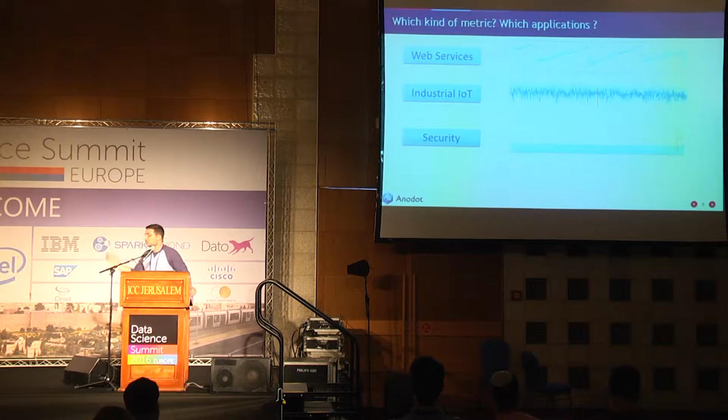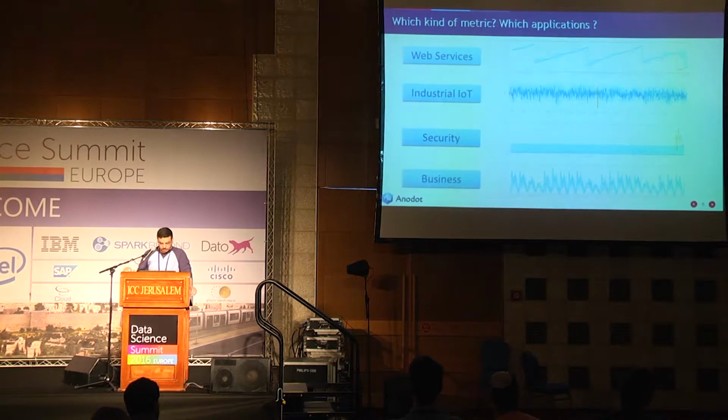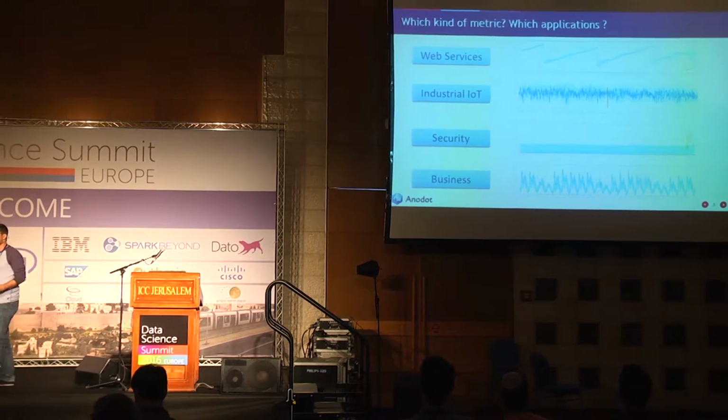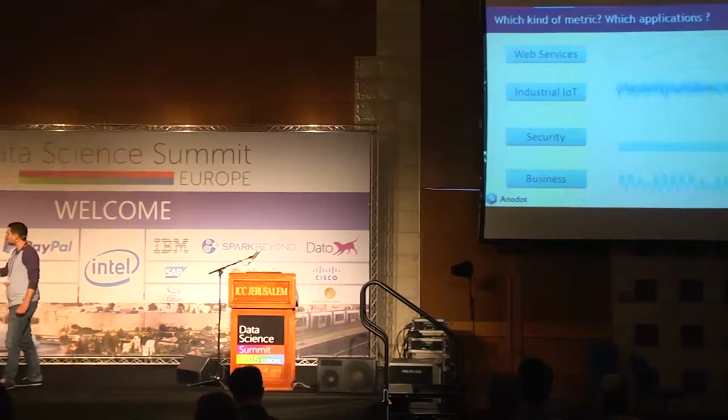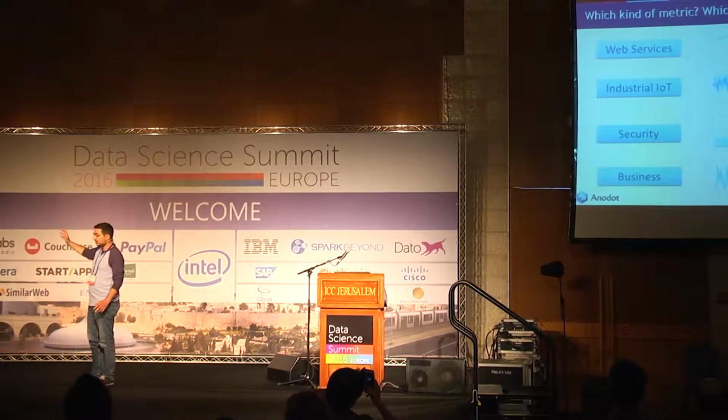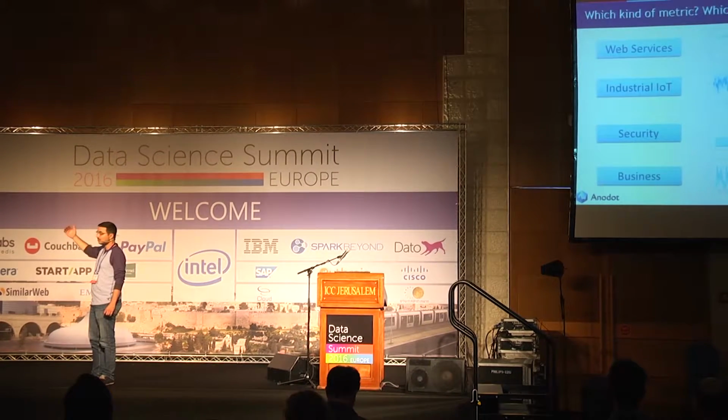We also have some problems in security. For instance, this is the case of fraud detection here. And we also have business metrics. Business metrics are really interesting because most of the time they have mainly the same pattern. What I mean is that you have more or less five daily patterns, and during the weekend it is lower.